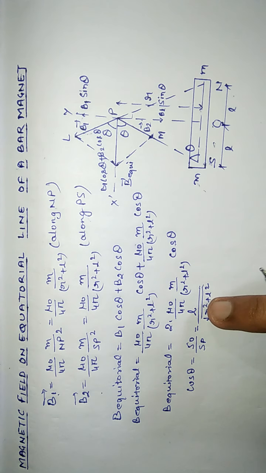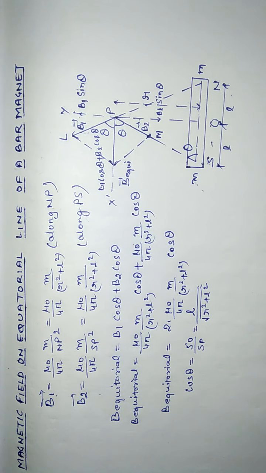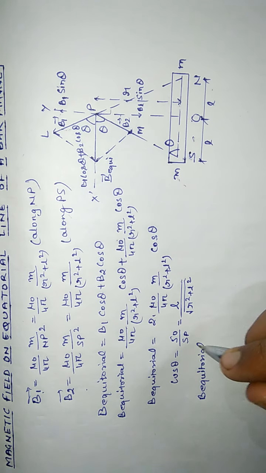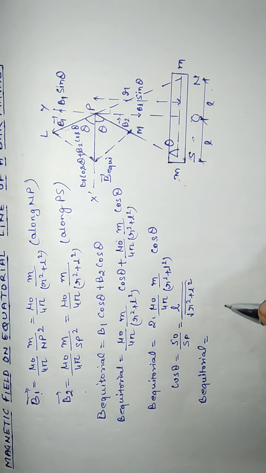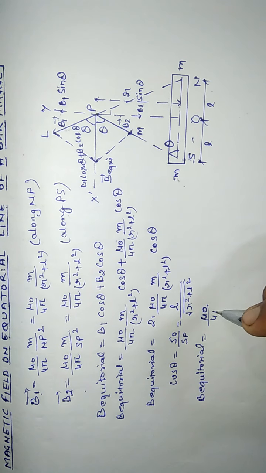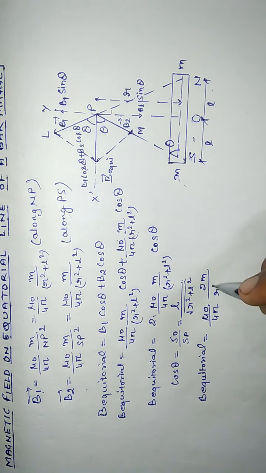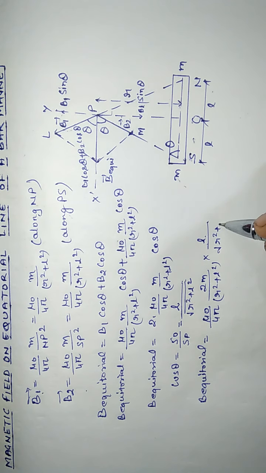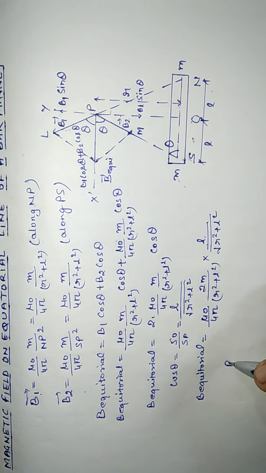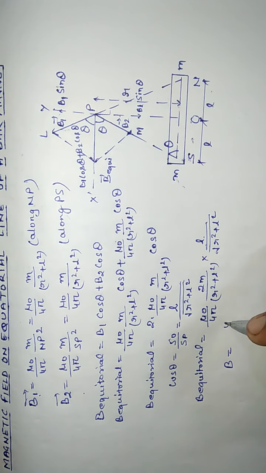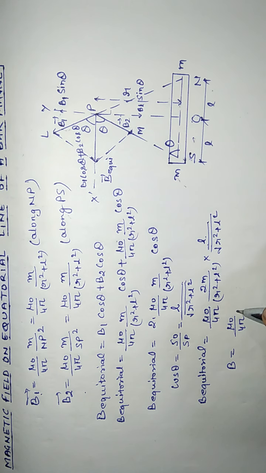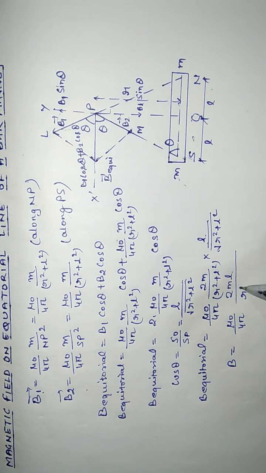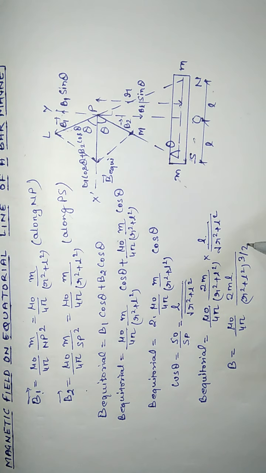Now substituting this value of cos theta in this equation, we will get B equatorial is equal to mu naught upon 4 pi 2m upon r square plus l square, and the value of cos theta is L upon under root r square plus l square, which will give B equatorial is equal to mu naught upon 4 pi 2ml upon r square plus l square to the power 3 by 2.